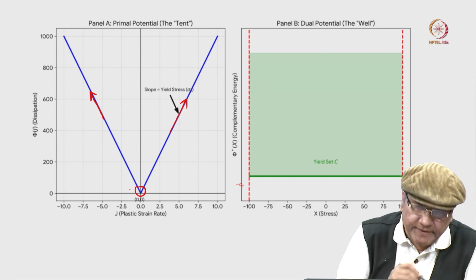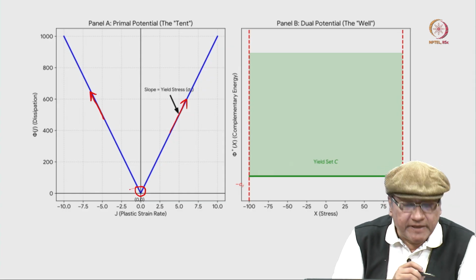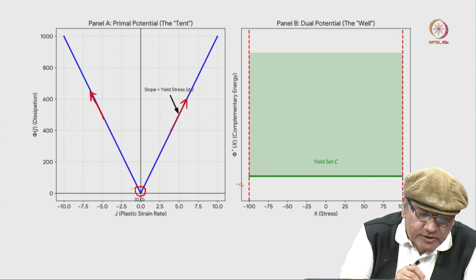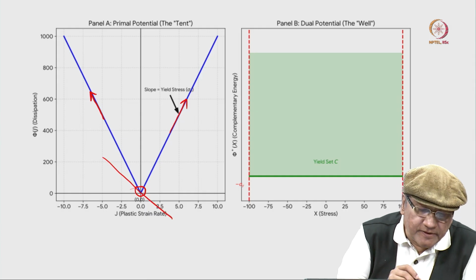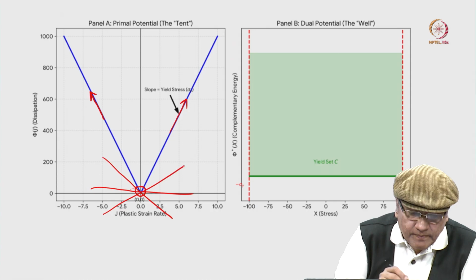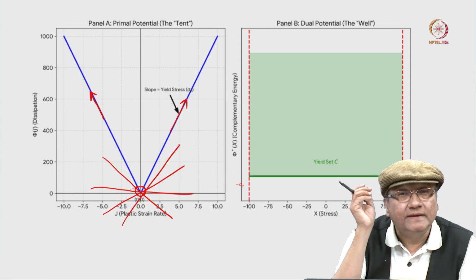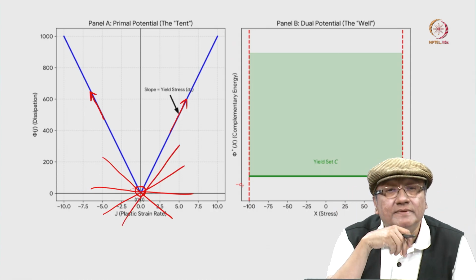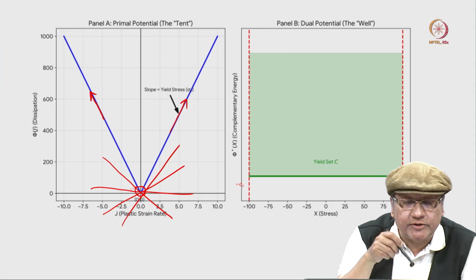On this point, if you take the derivative, you will get so many. This will be one possible subdifferential, this will be another, this will be another, so many you will be getting, right.